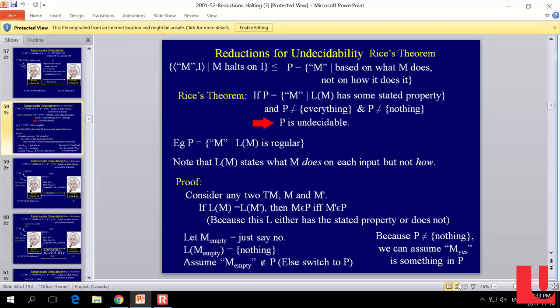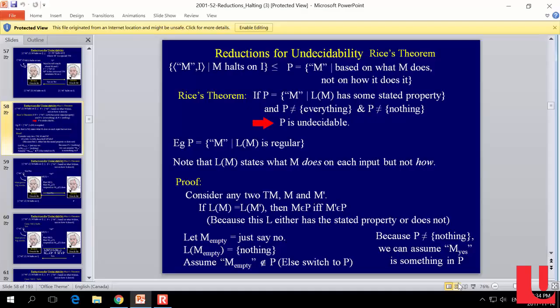Because P is defined to be some property of the language of M, and P says yes to some Turing machines and says no to some Turing machines. So you can just say, by Rice's theorem, P is undecidable.